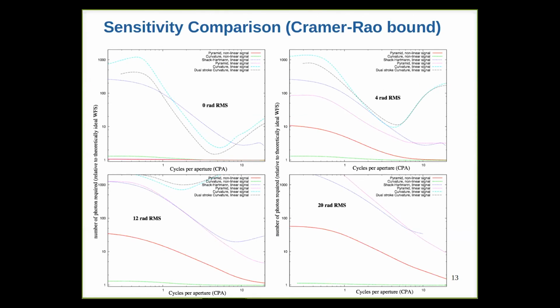Let me first explain what I did here. For each realization of a wavefront, I computed a large number of photon noise realizations, and I compared that with the local derivative of the image that the wavefront sensor gives as a function of wavefront perturbations.